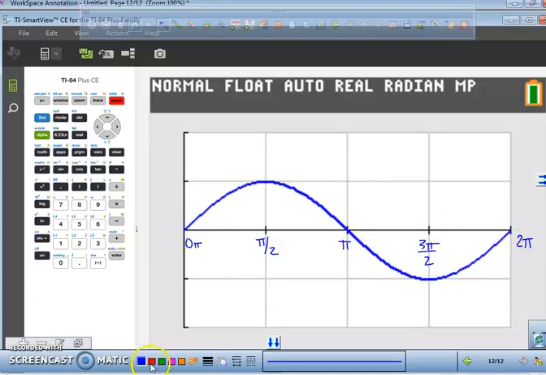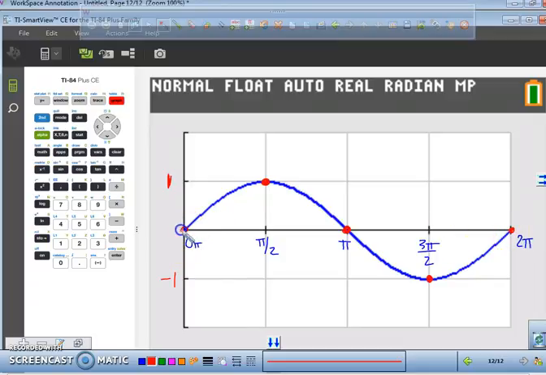So notice, right up here, Caden, at pi over 2, what's our y value? What's our y value right here? 1, right? What's our y value right here? 0, right? What's our y value right here? -1. And then it goes back to 0.